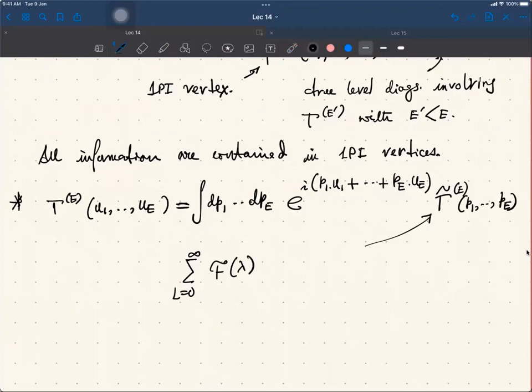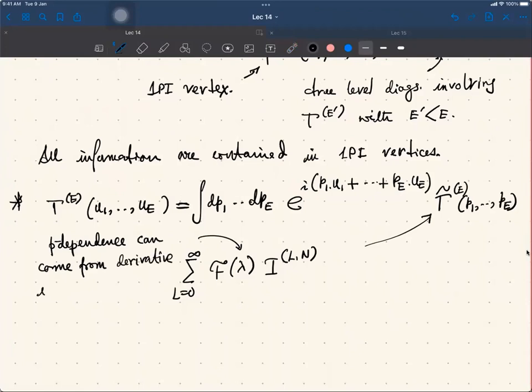F of lambda doesn't depend on m as well, because there are no tree-level propagators, and then I_{L,N}. It could have a P dependence, which can come from derivative interactions.